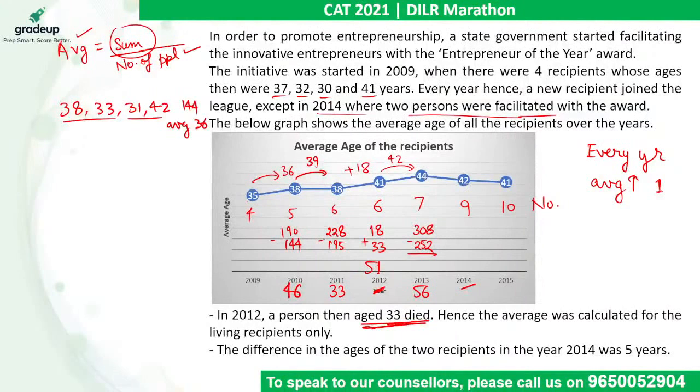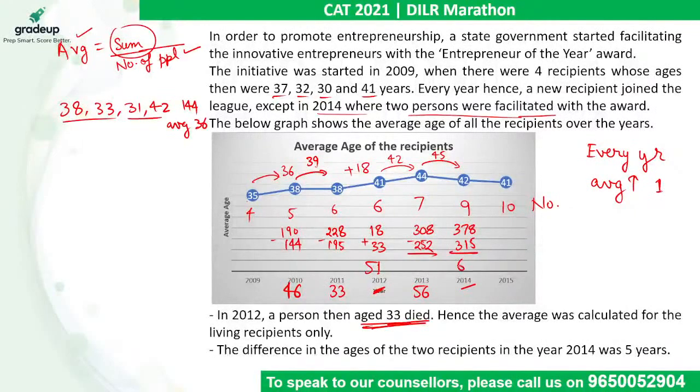Now what will happen this year? This year their average will become 45. Okay, this year the average will become 45. Now 45 into how many people were there? 7. So 45 into 7 is 315. And what is the new actual total? 9 into 42, 378.